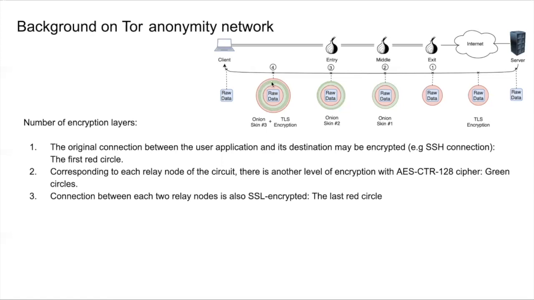There are 3 more encryption layers, which are onion skins, one for each of these nodes. And there is another red circle on the very outer layer, which is the TLS connection between client and node, or a node with another node. So we have 5 different encryptions, even for a single cell. It is worth mentioning that the onion skins are all AES with CTR mode and 128 bit.